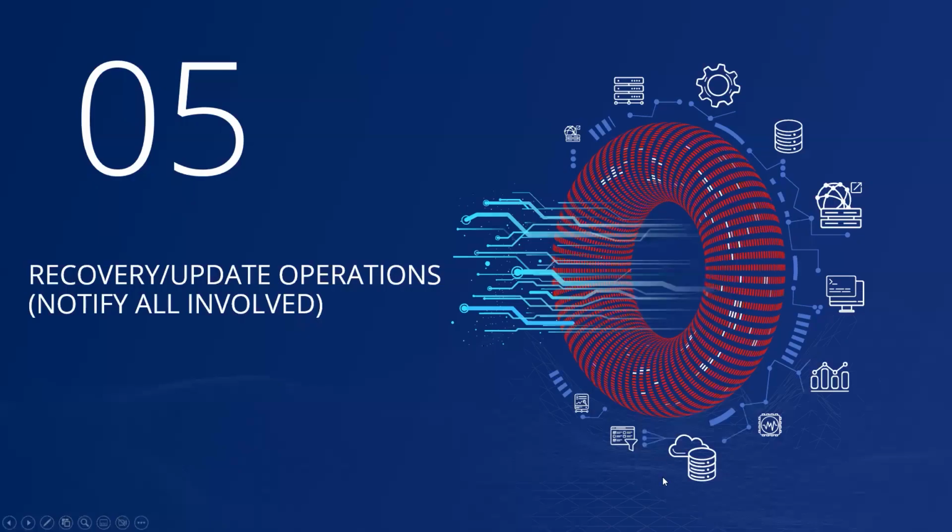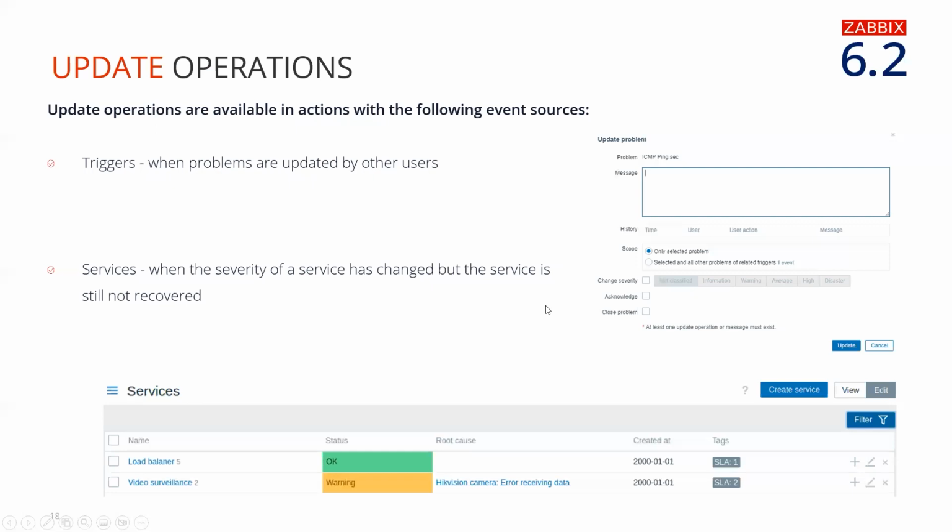Fifth scenario, but not about problems, but about recovery and update operations. I mean, they are related to problems, of course, but instead they will tell you if a problem was updated or recovered. Let's take a look.